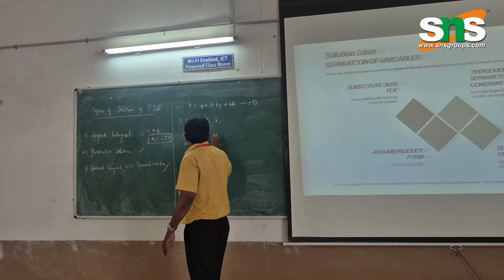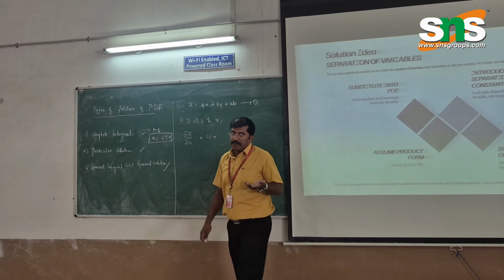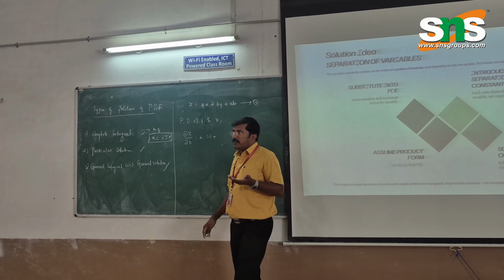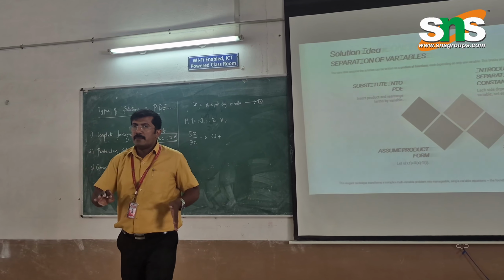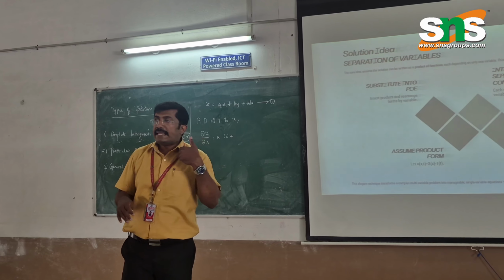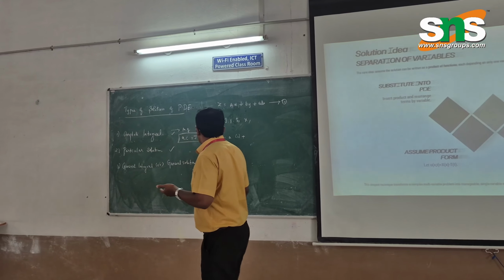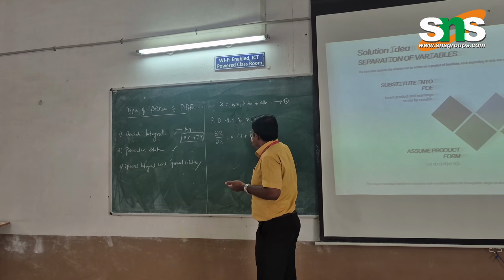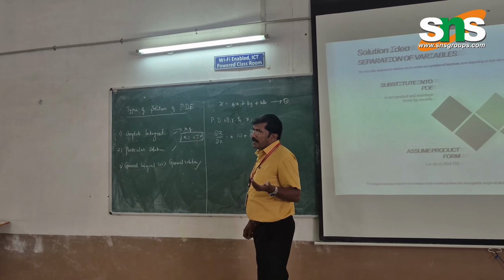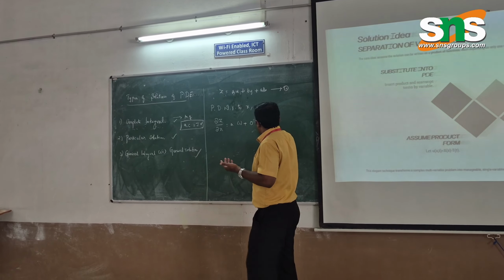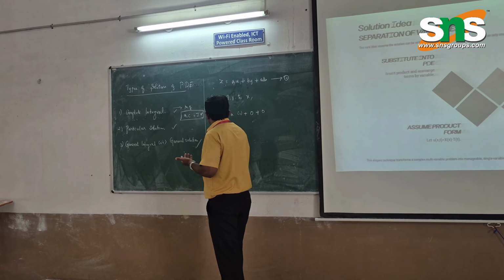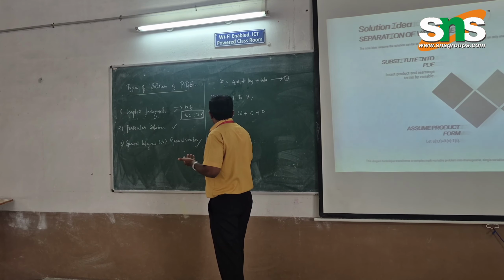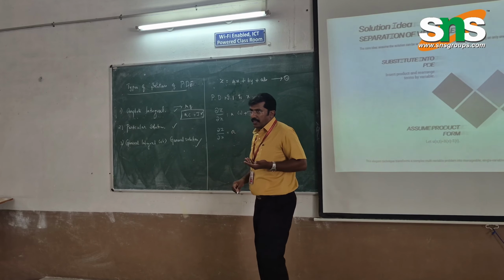Then I don't find x in the other terms. In a partial differential equation, apart from our variable, the rest of the things are considered constant. So these two terms become constant, so that is 0. So here I have dou z by dou x equal to a.